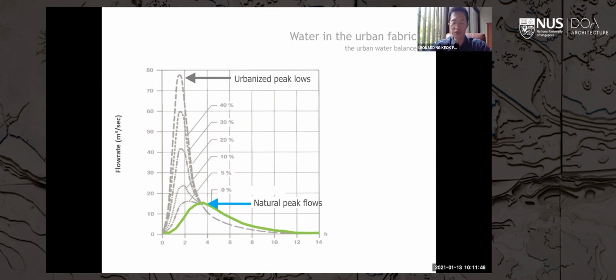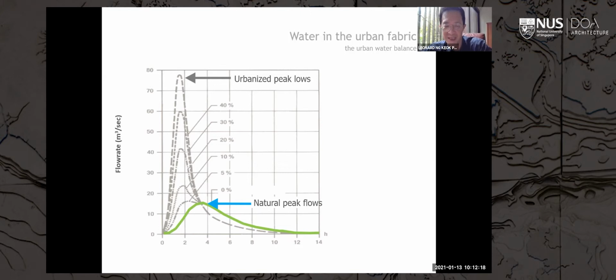But because we have changed the water regime, evaporation now plays a much lower role and runoff plays a much higher role. So the impact after rain is much higher. If you look at the urbanized peak flows shown in this chart, you'll see that immediately after a storm event, there's a spike in the volume of water flowing through urban spaces.